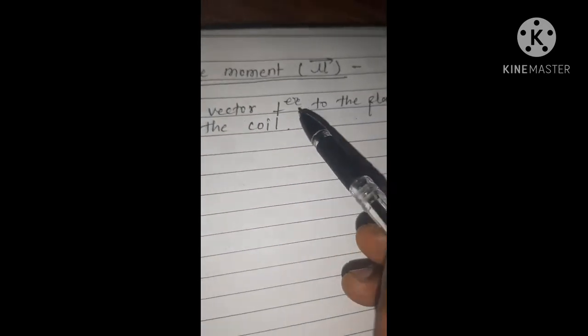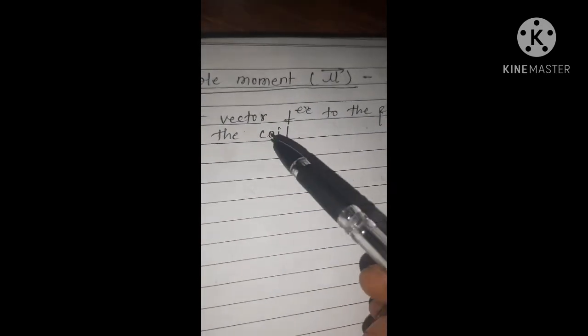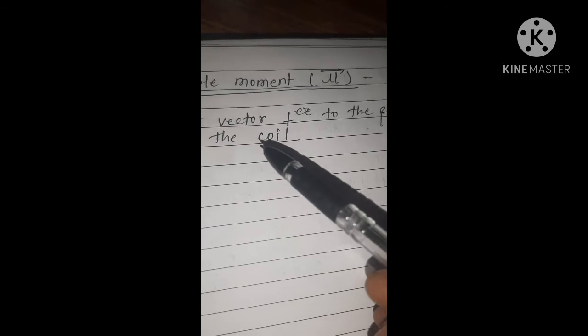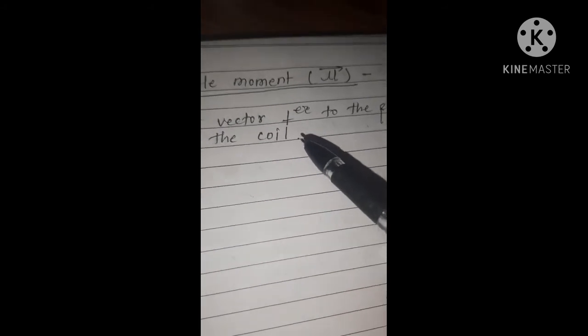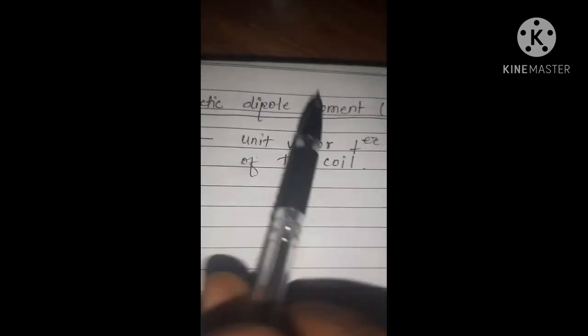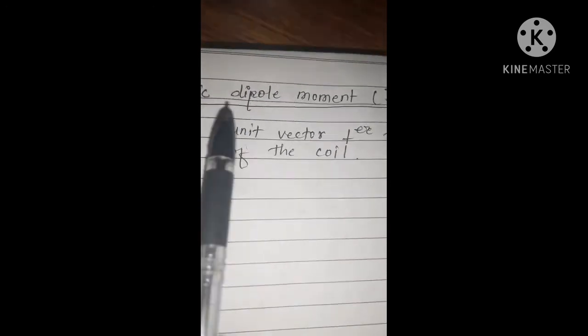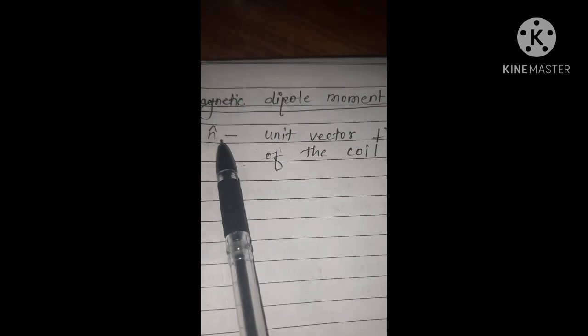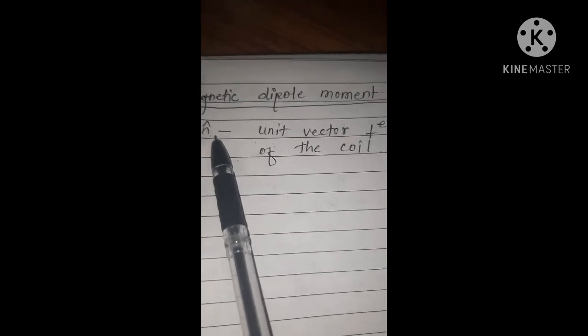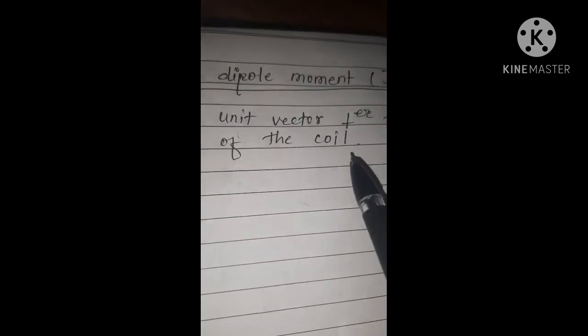Unit vector is perpendicular to the plane of the coil. The direction of magnetic dipole moment is similar to this unit vector, that is, perpendicular to the plane of the coil.